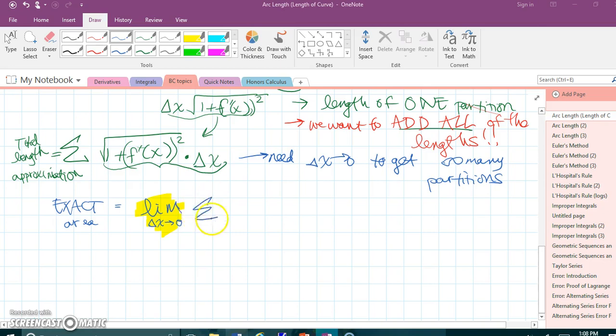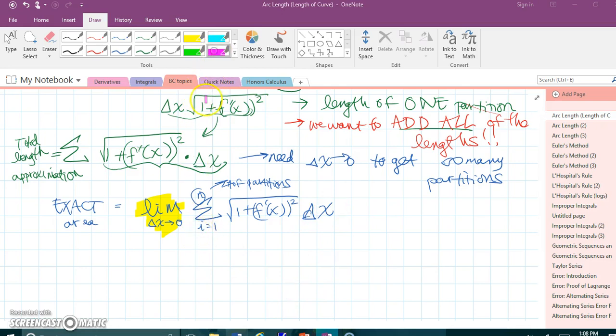So we're going to do the limit of the sum, and we're going to let i go from 1 to n, where n is the number of partitions, just like before, n was the number of rectangles in a Riemann sum. And we're just going to add up the length of one individual partition. Oops, like that.